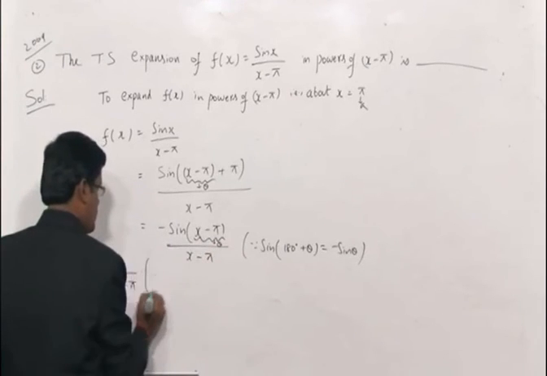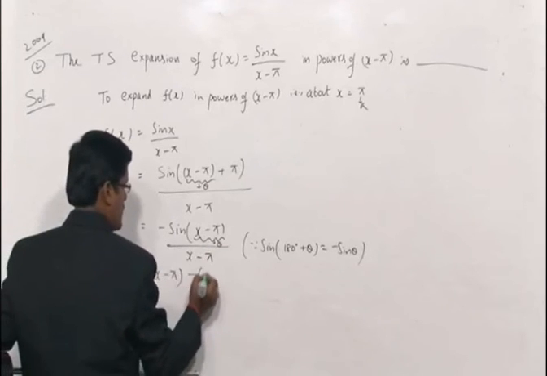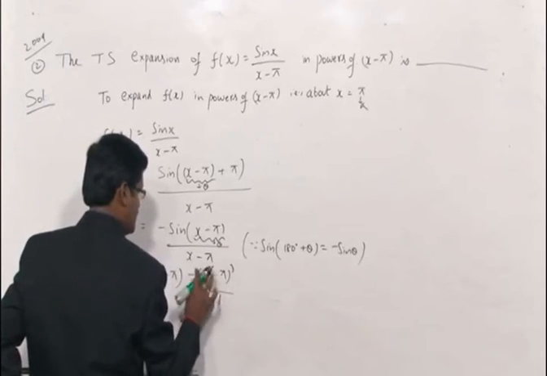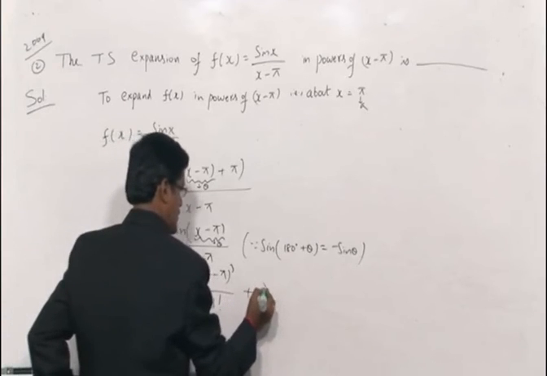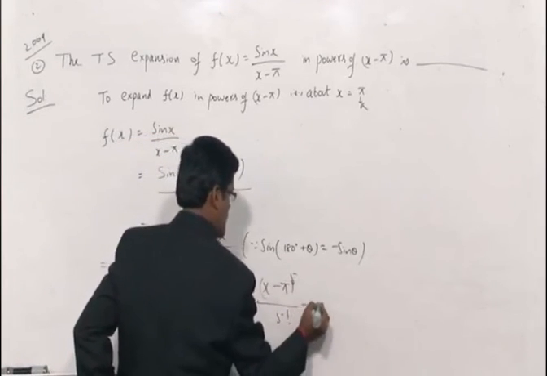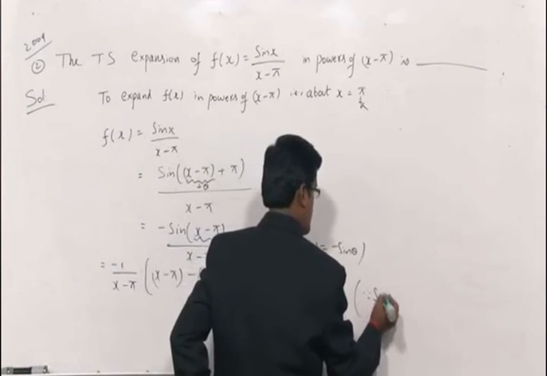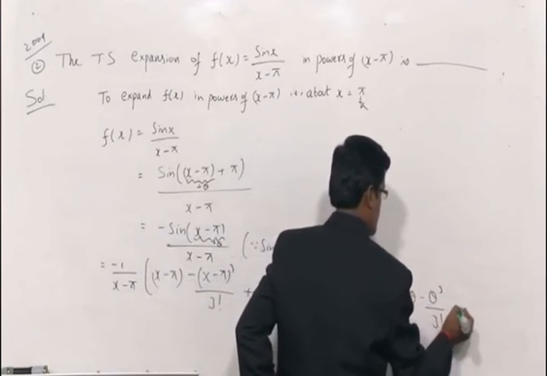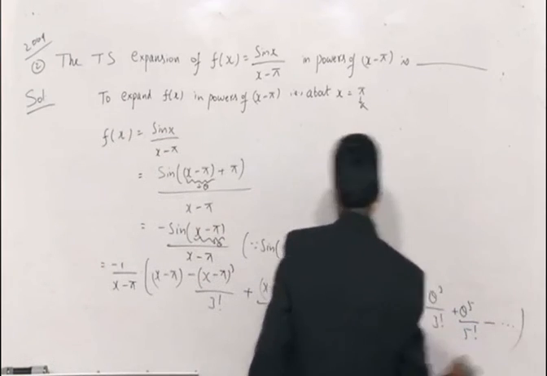That means how much? X means here x minus pi, so it is (x minus pi) minus (x minus pi) whole cube by 3 factorial plus (x minus pi) whole power 5 by 5 factorial minus and so on, since the sin theta expansion is theta minus theta cube by 3 factorial plus theta power 5 by 5 factorial minus so on.